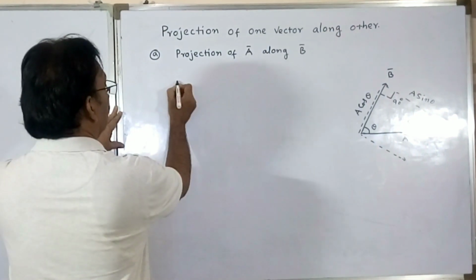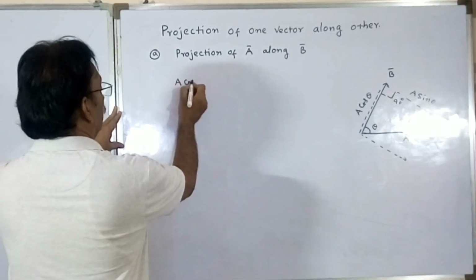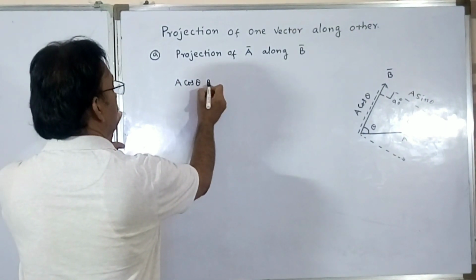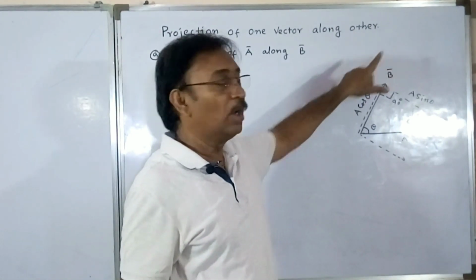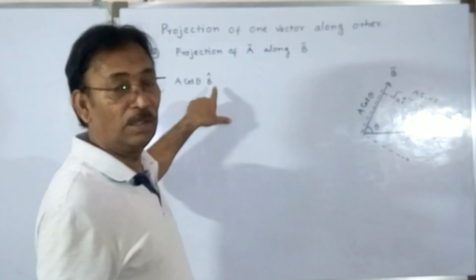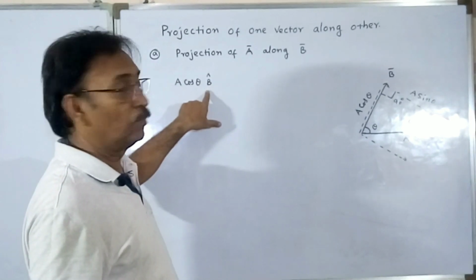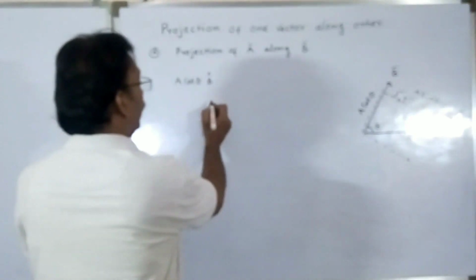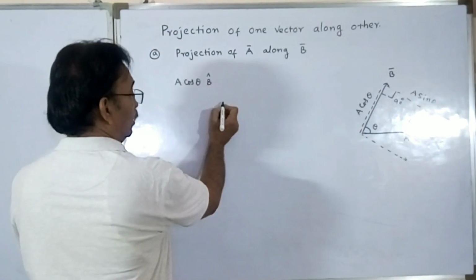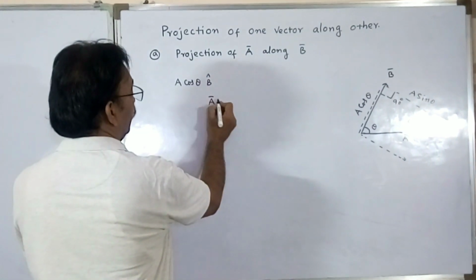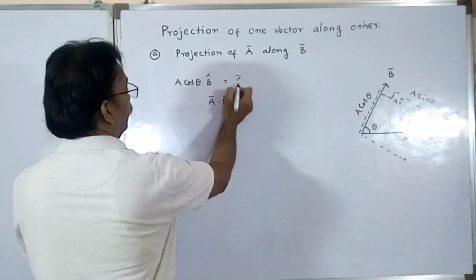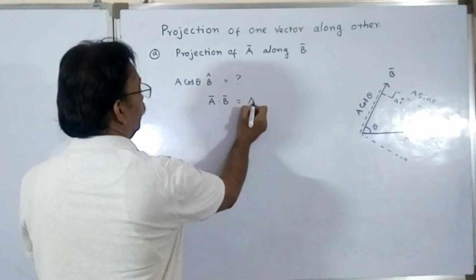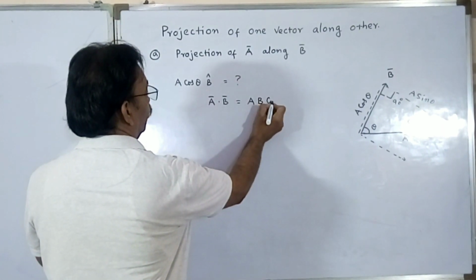Here we need to get A cos theta along the direction of b bar. That means the unit vector b cap. As you know, if you take two vectors, a bar dot b bar is equal to ab cos theta.